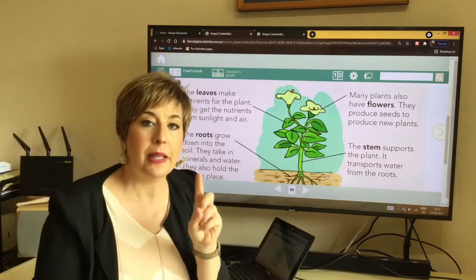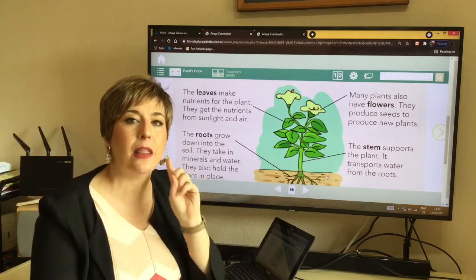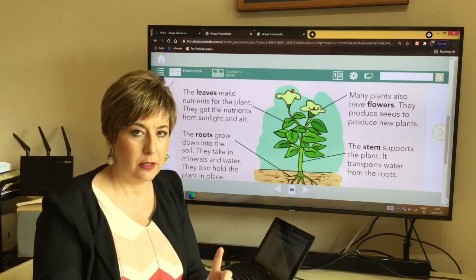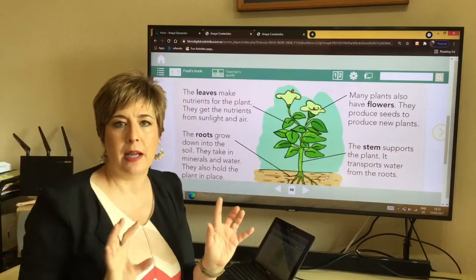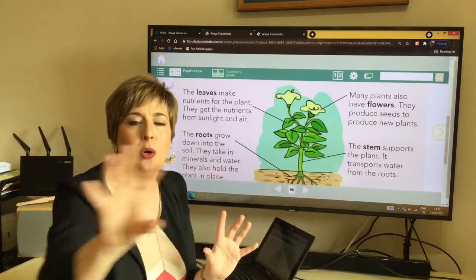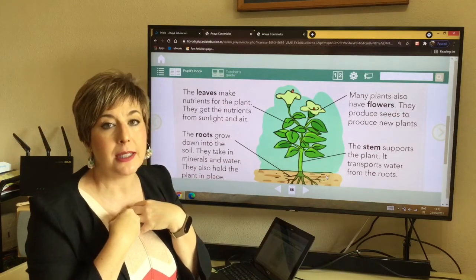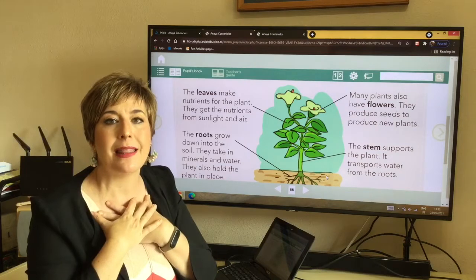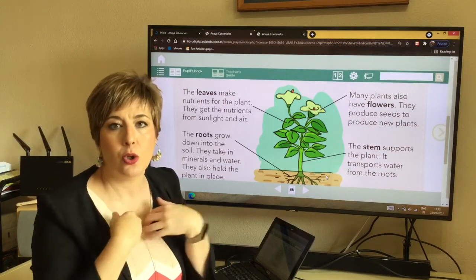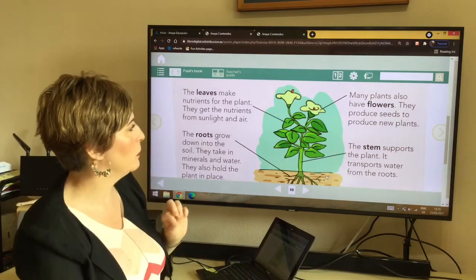So remember that plants make their own food. They don't eat other animals or other living things. They make their own food. This you will study in the future, that this means that they are autotrophic. They make their own food.